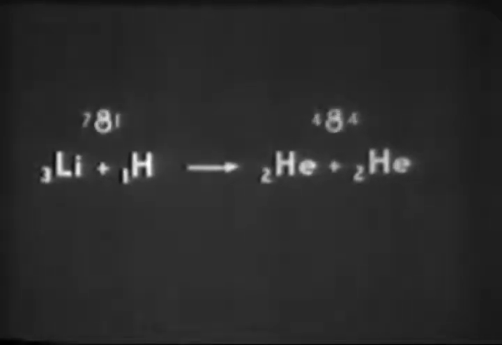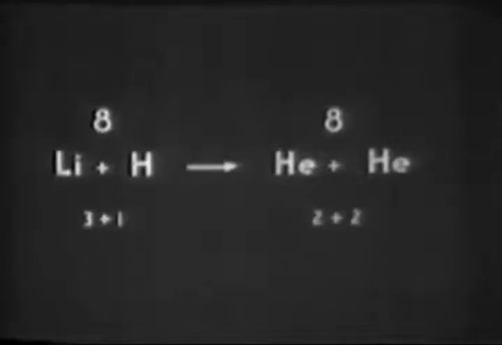As a result of the reaction, we get 2 alpha particles or helium atoms, each with a mass of 4 and a charge of 2. Note that the 2 sets of numbers add up to the same on each side of the reaction. 7 plus 1 equals 4 plus 4. 3 plus 1 equals 2 plus 2.